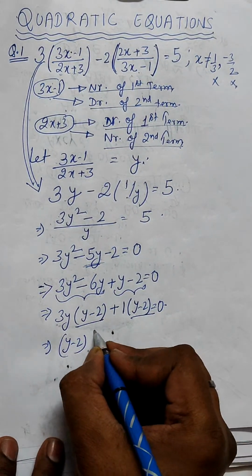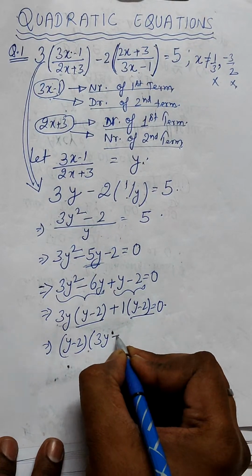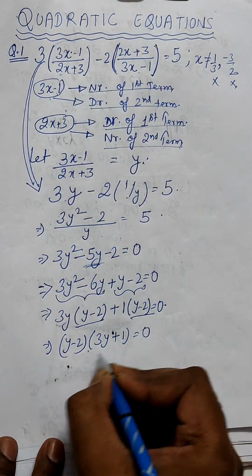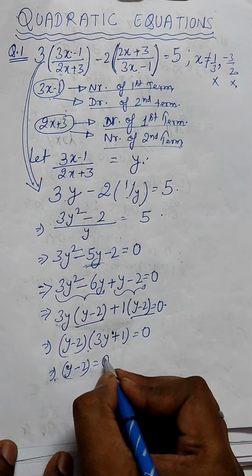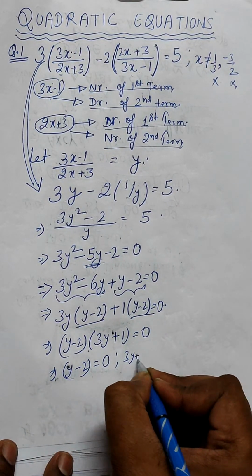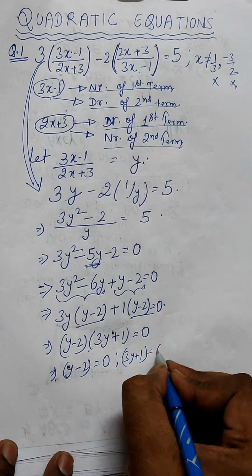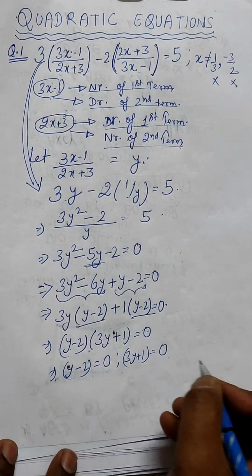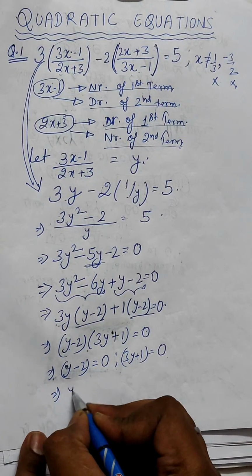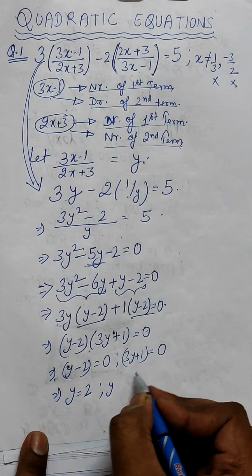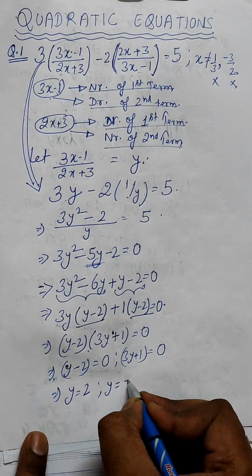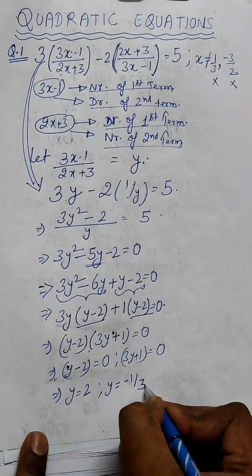So y minus 2 is taken as common, we are left with 3y plus 1. And when we equate y minus 2 equal to 0 and 3y plus 1 equal to 0, we can say y is equal to 2, and from the second one it will give you y equal to minus 1 by 3, right?